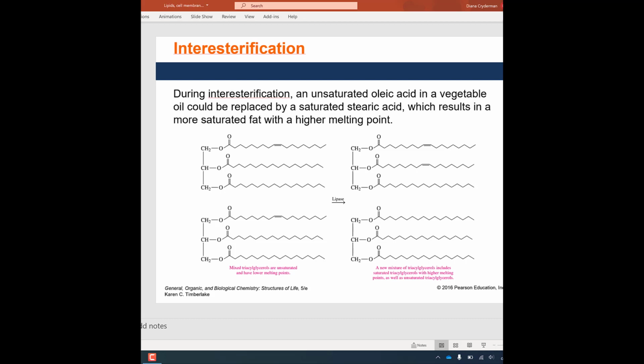And so here, for example, we can take a double bond and replace it with something that has a single bond. And that gives it a higher melting point. And we're talking about this being done in food sources. And so you might be looking at a shelf life or packaging, something that's more packaging friendly.